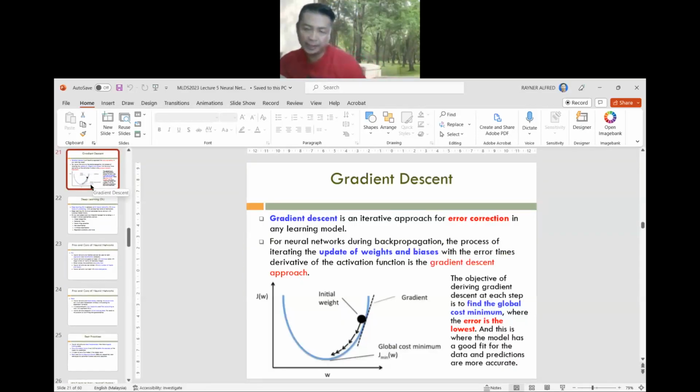Gradient descent. So this is the learning rate that we are talking about.